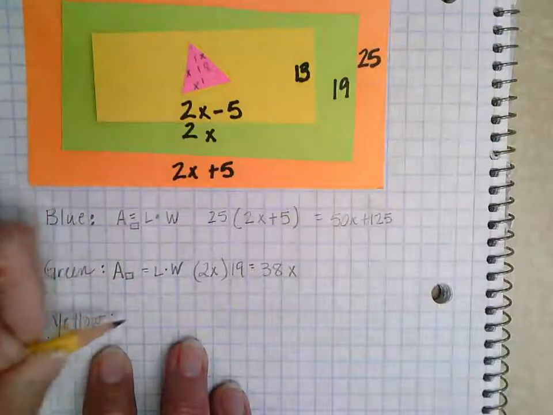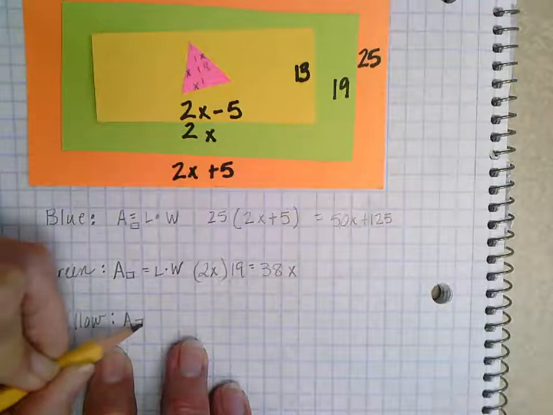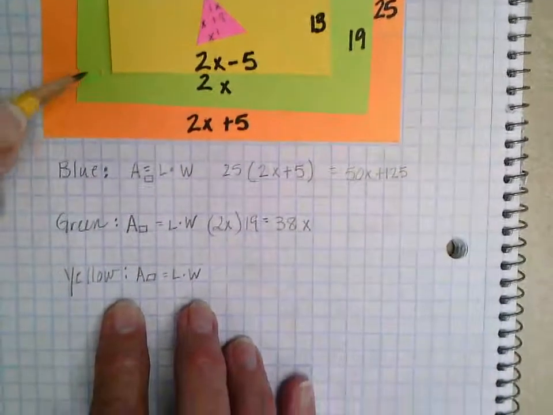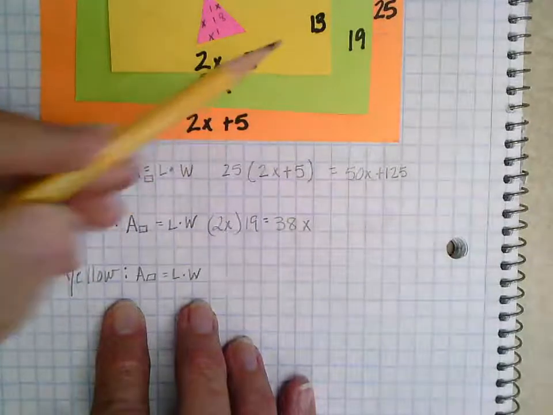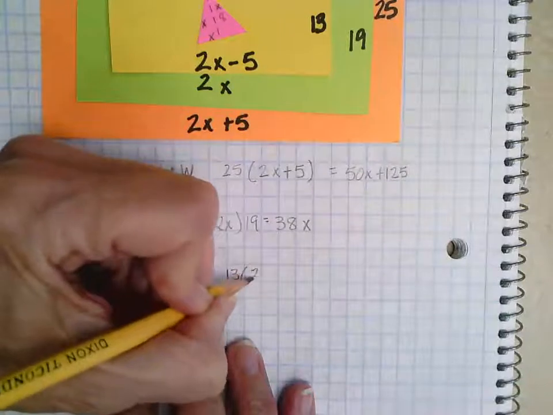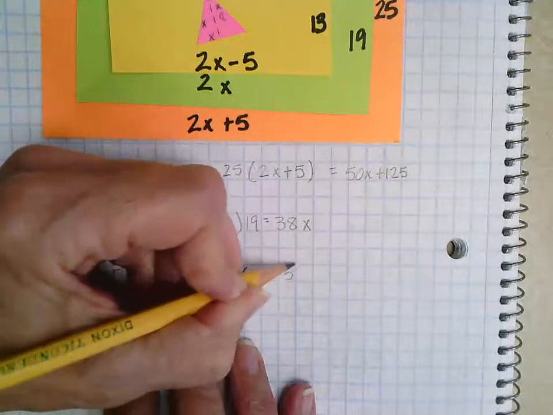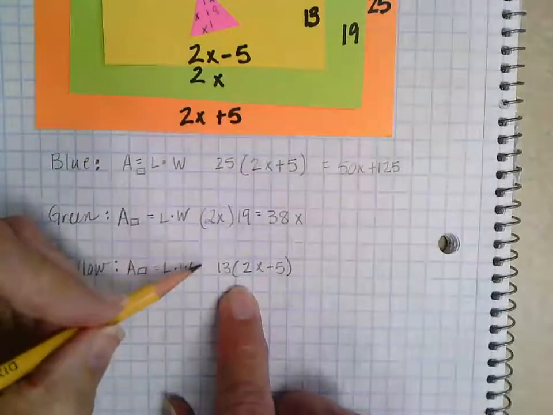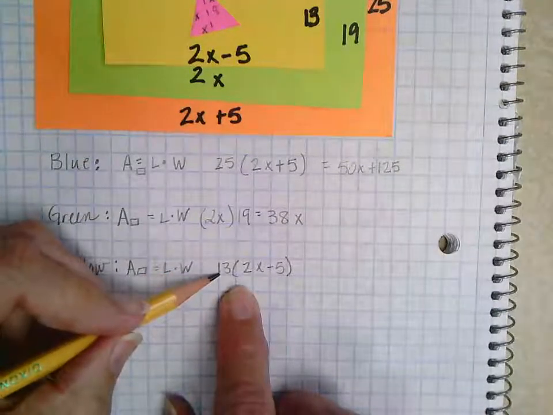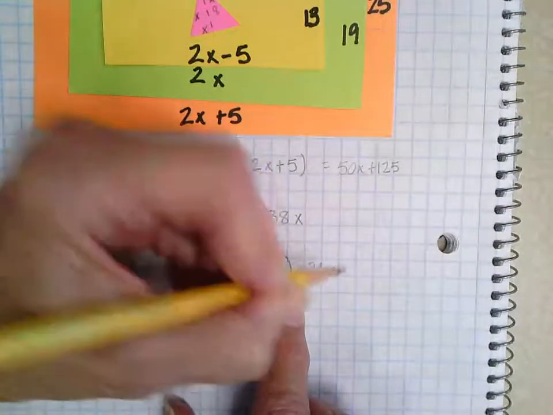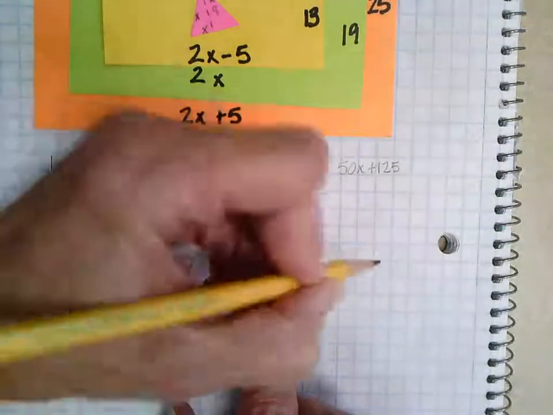That's going to give us 2x minus 5 times 13. And when I distribute that, I'm going to get 26x and minus 65.